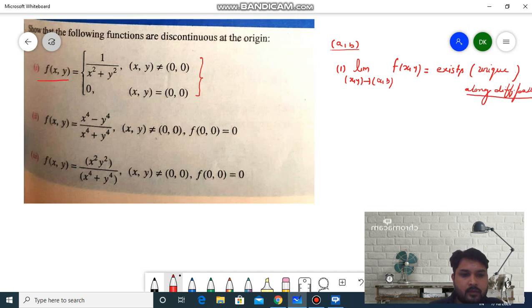For different paths, the limits should be equal.